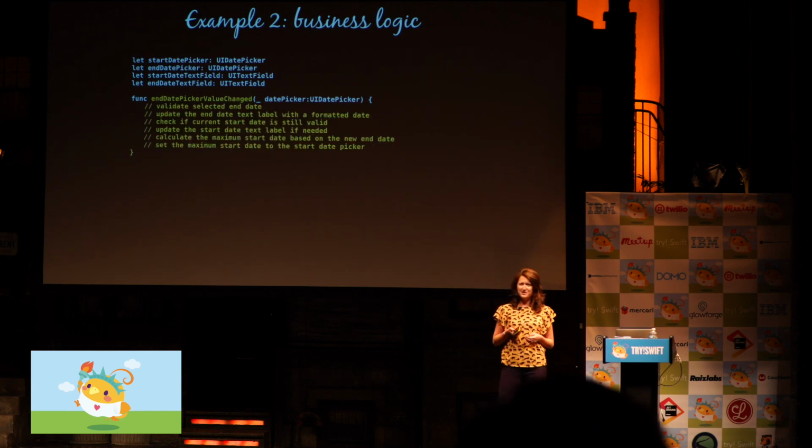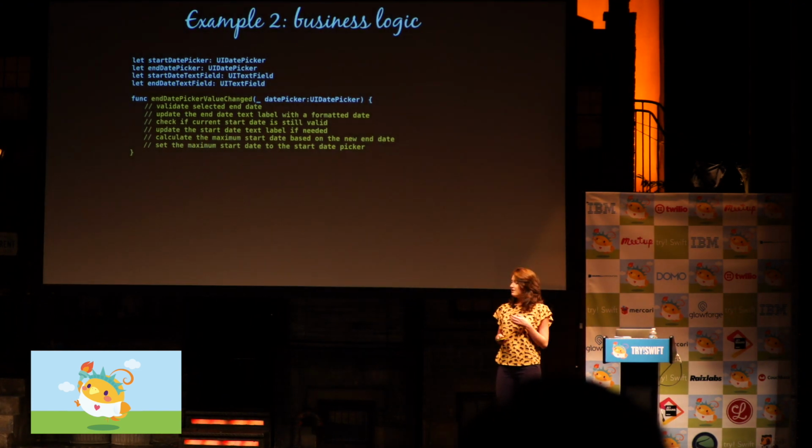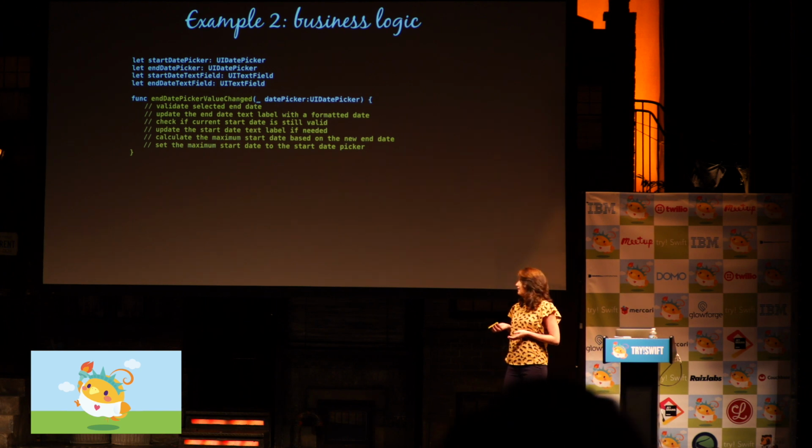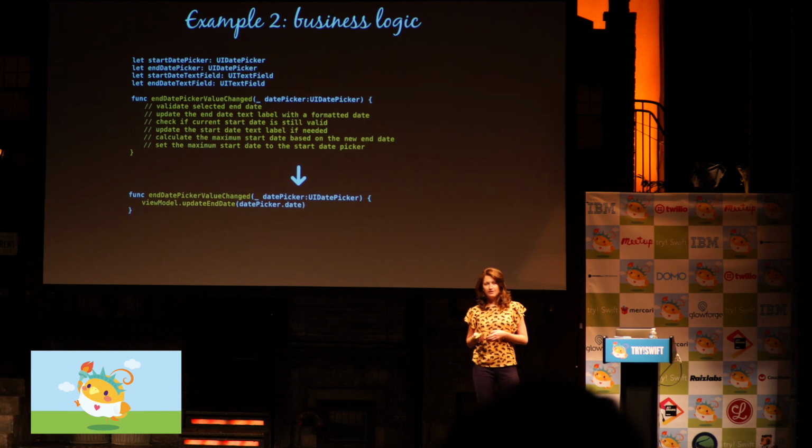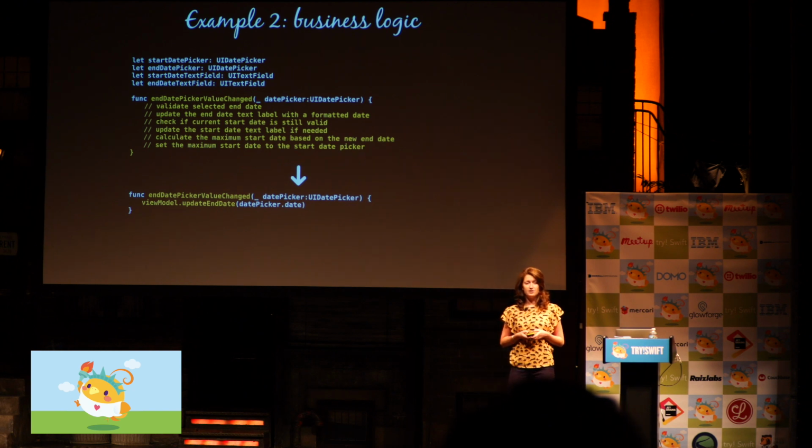I added comments here because the code is very long and it won't fit on the slide, but basically validating the time period, updating the text fields, updating the maximum dates for the date pickers. And again, we can move this code to a separate object that we only notify about the date change and then let this object perform all of those validations. So moving the business logic into this separate object.